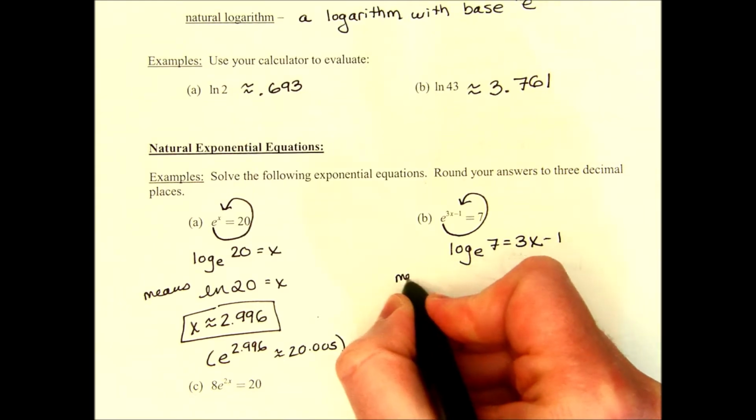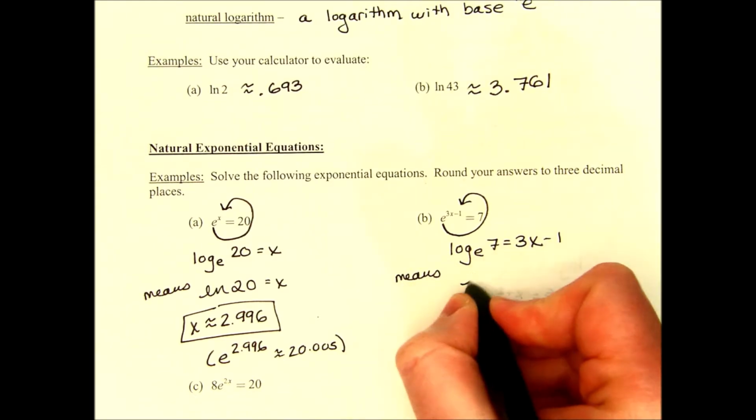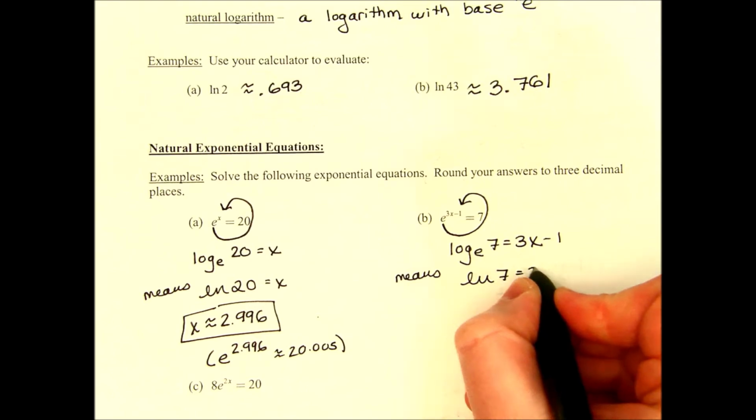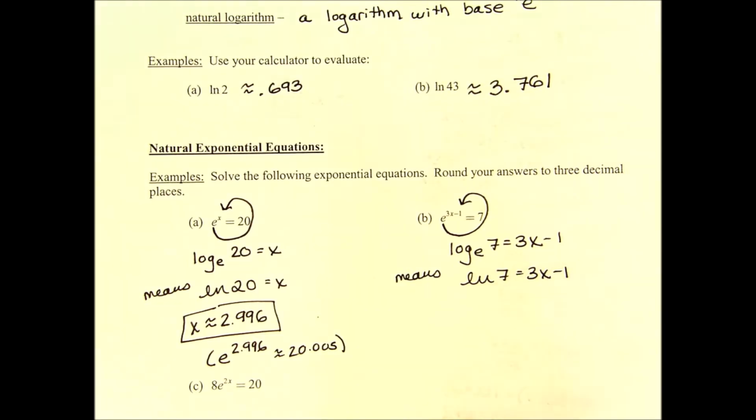And that means the same thing as the natural log of 7 equals 3x minus 1. I don't necessarily have to see the first step. I think it's helpful, especially because then it looks exactly like what we had done in the last section. But if you feel like you can go from the original problem straight to the natural log of 7 equals 3x minus 1, that's just fine.